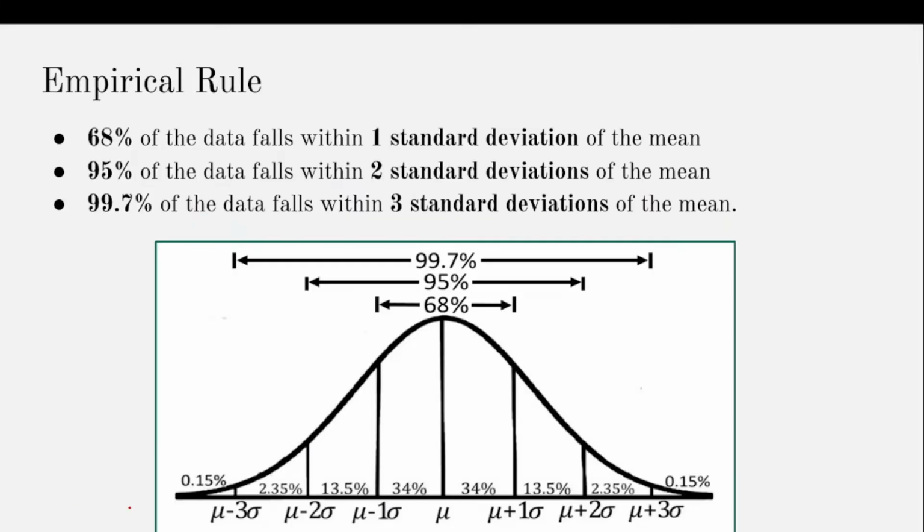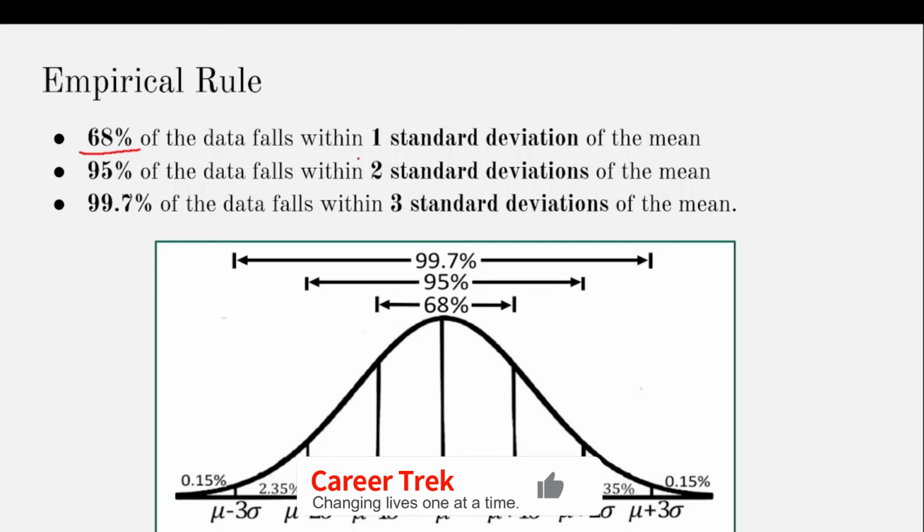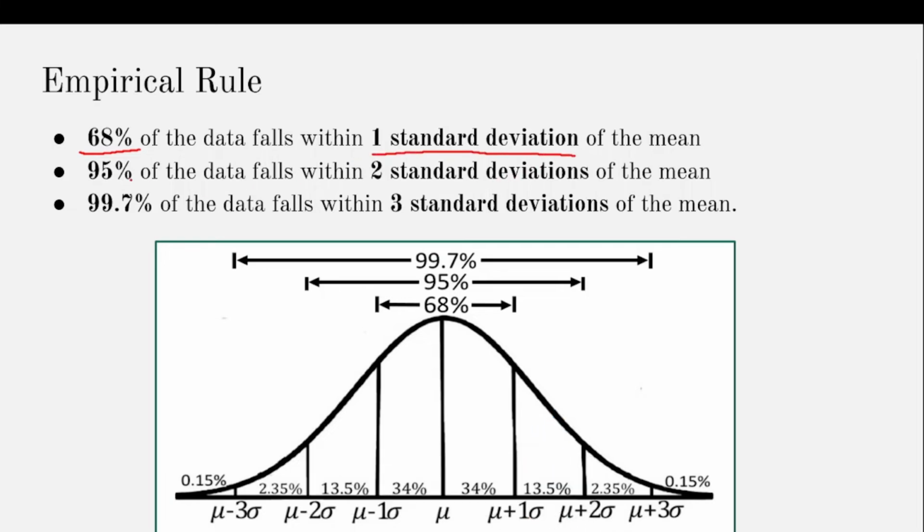Now let us see what the empirical rule states. As per the empirical rule, for a normal distribution, 68% of the data will fall within one standard deviation of the mean. 95% of the data will fall within 2 standard deviations of the mean, while 99.7% of the data will fall within 3 standard deviations of the mean.